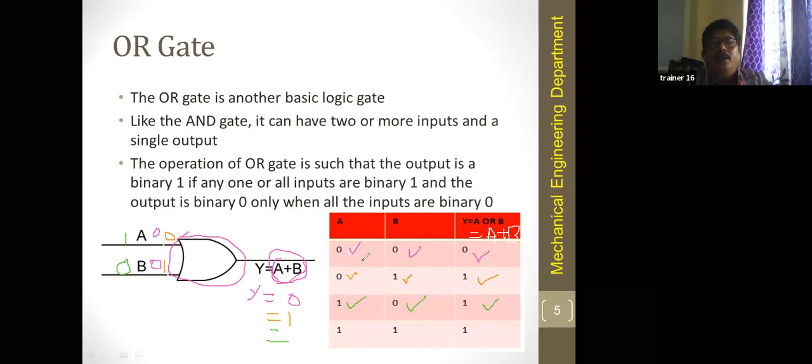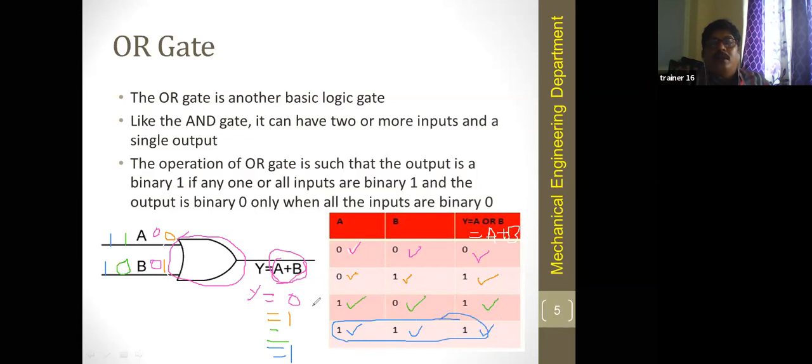And if you take A as 1 and B as 1, it should not be 1 plus 1 equal to 2. In binary, there are only 0 and 1. So 1 plus 1 is equal to some number other than 0, and we give it 1.